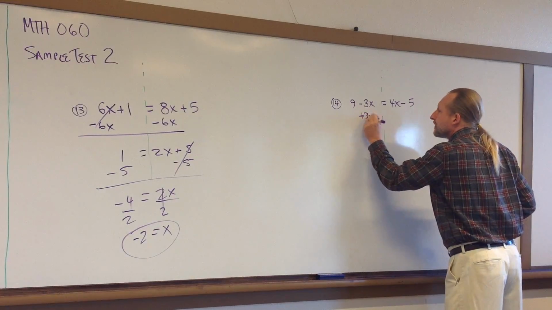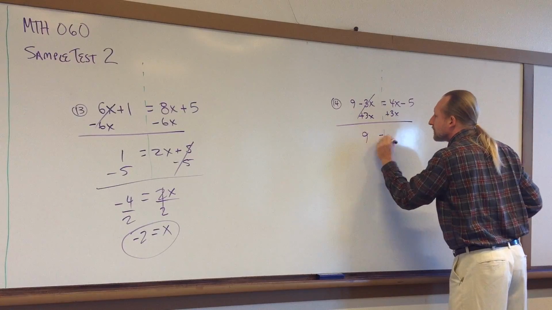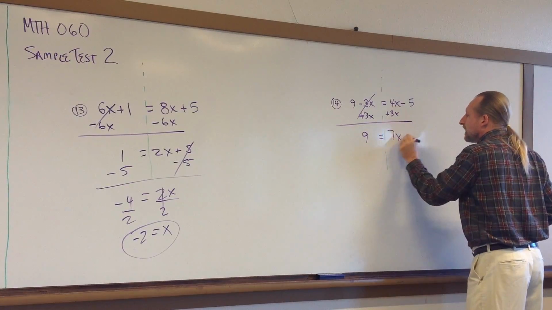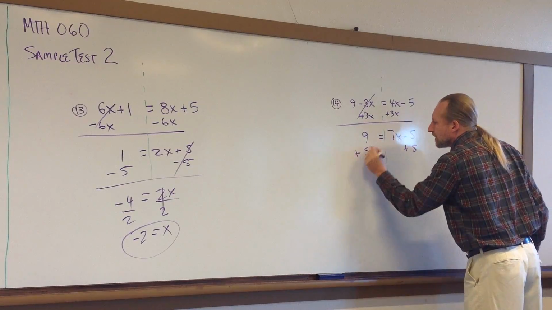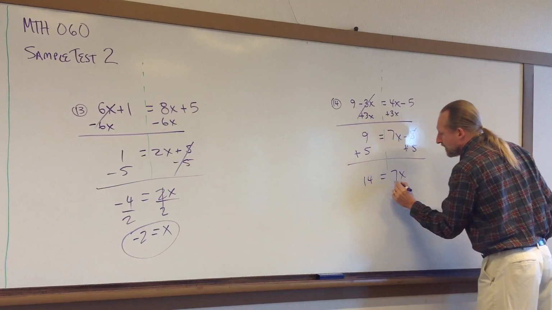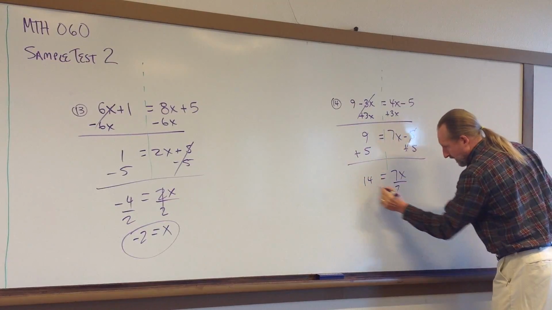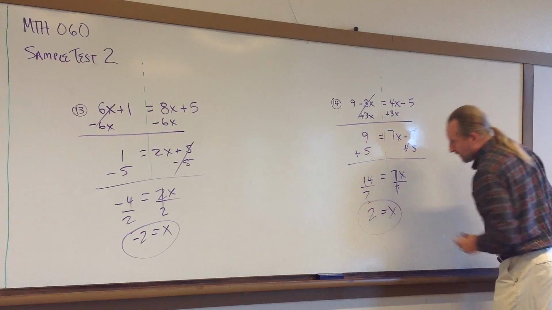So I'll add 3x to both sides. Those cancel, leave us with the 9. This will be 7x minus 5. And then I'll add the 5 to both sides. So 7x is equal to 14. And then if we divide on both sides by 7, x is equal to 2.